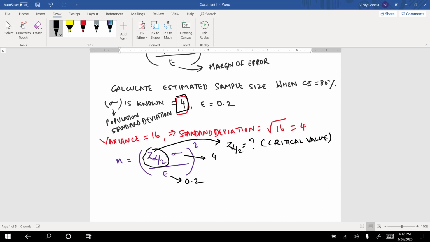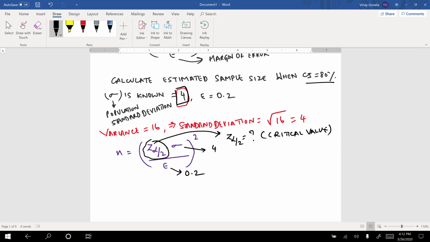So to calculate z alpha over 2, we have discussed this in previous lecture that we need confidence interval, and the confidence interval is 80%.